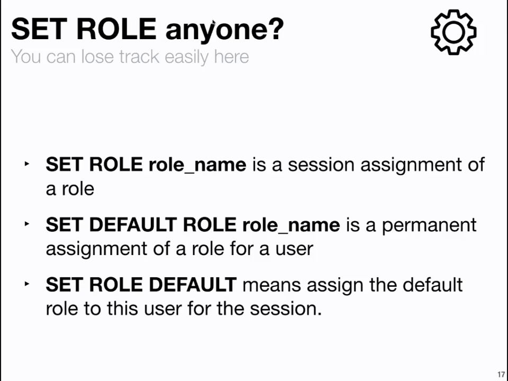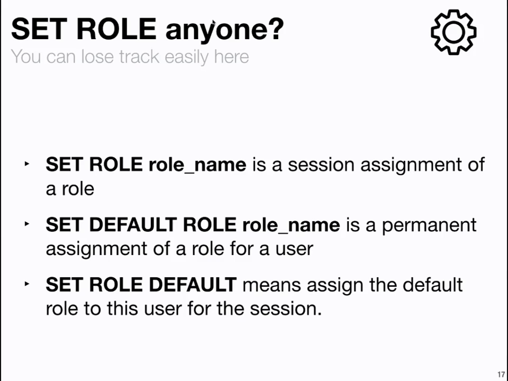You may get confused when you want to set a role. There is a set role command that the user will use to set the role temporarily, so the user decides, I want to use this role. Set default role, instead, will set the role forever, so it will be permanent.